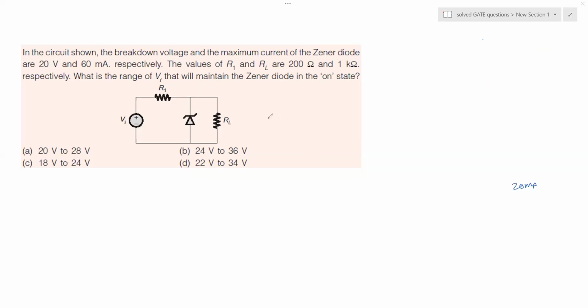Okay, so let's start fresh. We know the equations: VI minus VZ divided by R is equal to I, and I is equal to IZ plus IL. Here is your IL, here is your IZ, here is your I, and this is the KVL that we applied.